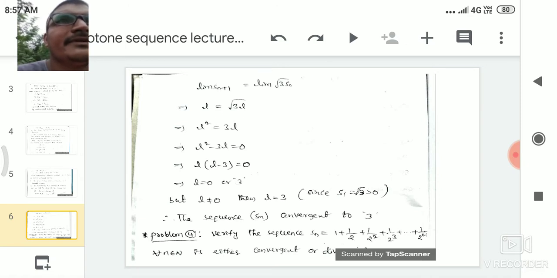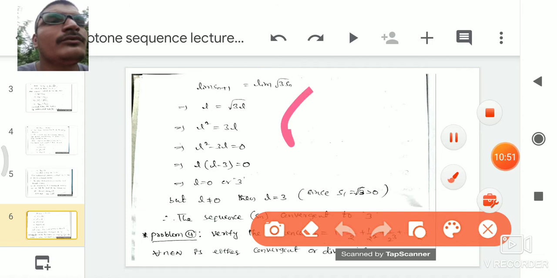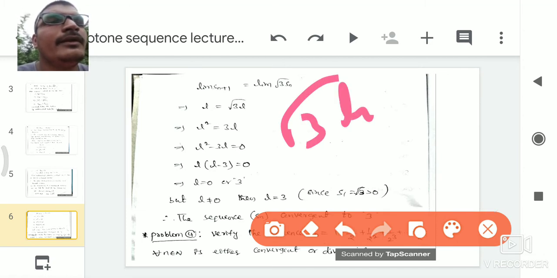So limit of Sn plus 1 is L, and here root of 3 into L. Why? Because this limit of root 3 into Sn can be written as root of 3 into limit Sn.